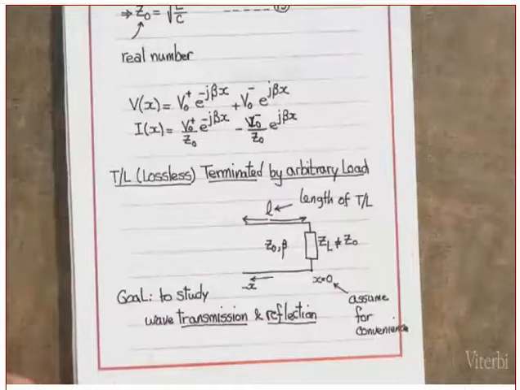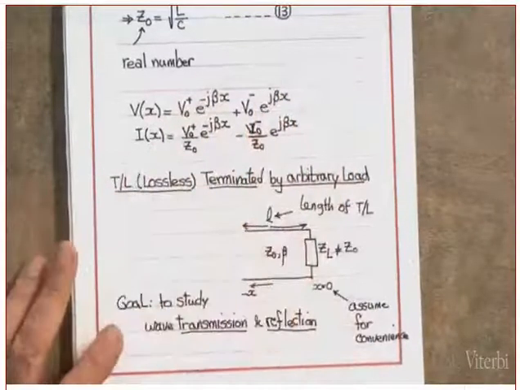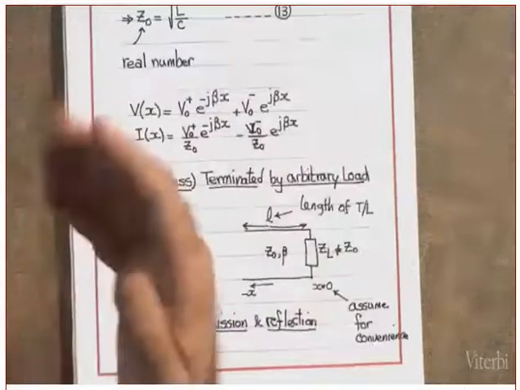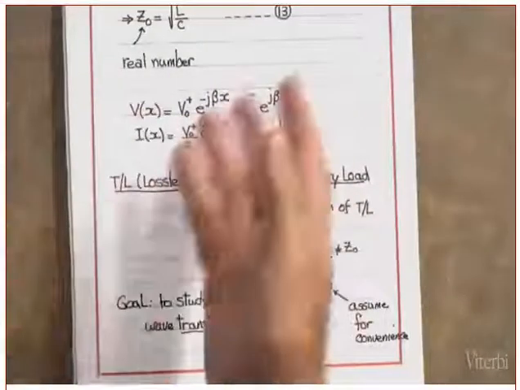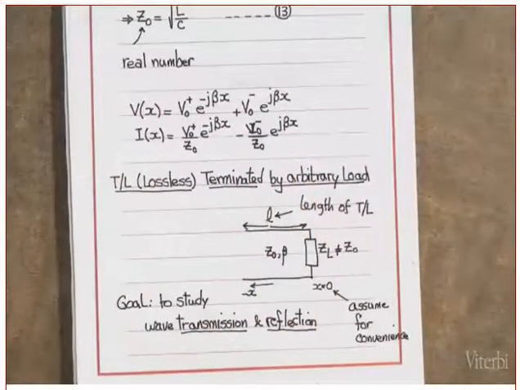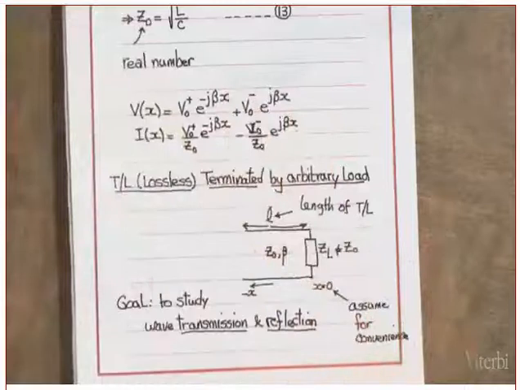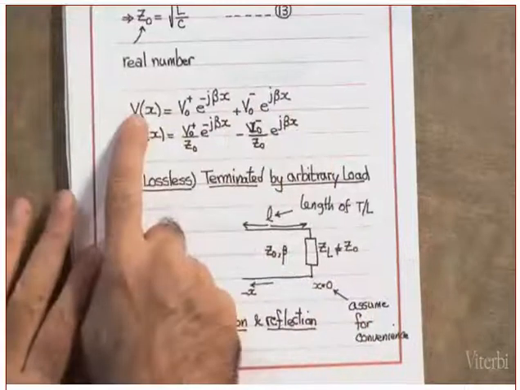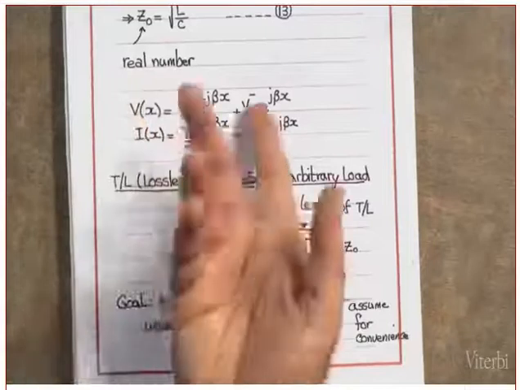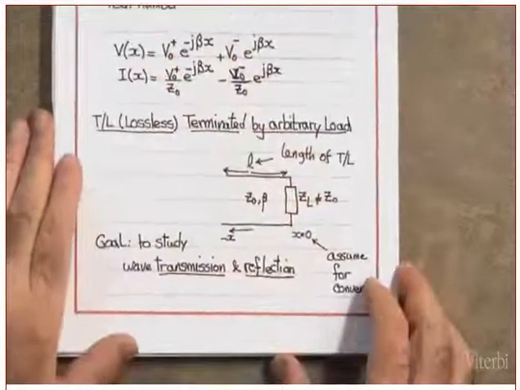So somehow I need to get rid of V0 plus and V0 minus. In place of them, I need to use the voltage, for example, at the generator, or the voltage at the load, and so on. Think of what I can actually measure. V of x, I can measure the voltage at any point in the line. But this one, I cannot measure. Clear? Okay, good.